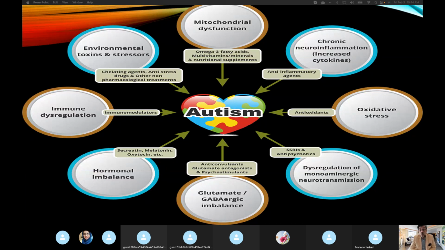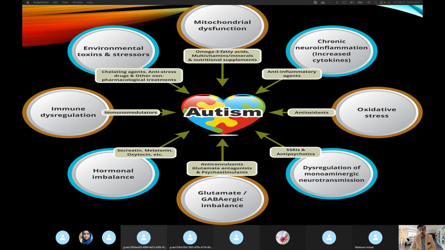So there is no evidence that omega-3 fatty acids, multivitamins, minerals, and nutritional supplements can help autism. But of course, some people do try it. So there is mitochondrial dysfunction, which it is suggested can be helped with these things. Then there is chronic neuroinflammation, increased cytokines in the system.